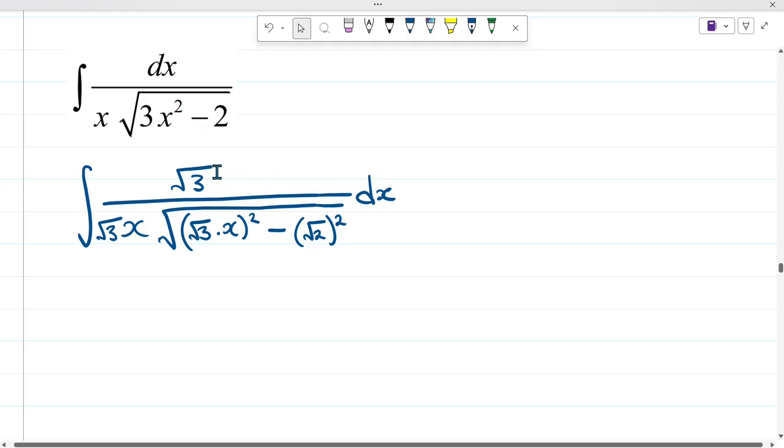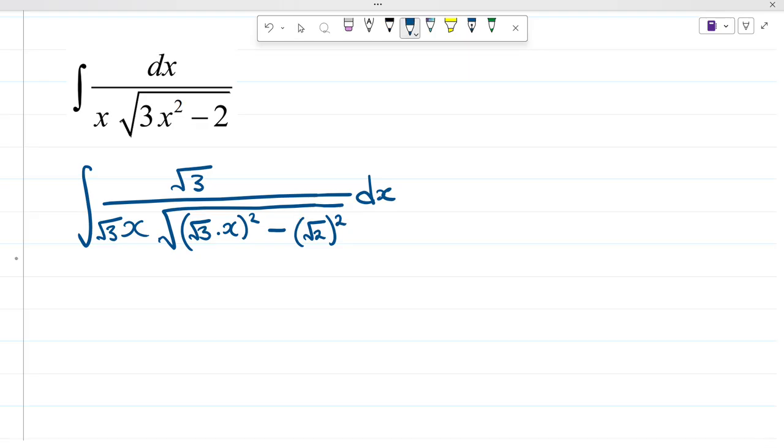But if I just leave them like this, I can then conclude that this format is that one of sec. So I can conclude that the thing that was differentiated to get this quotient was that one of a sec, and that one of a sec is 1 over a. So it has to have 1 over a.